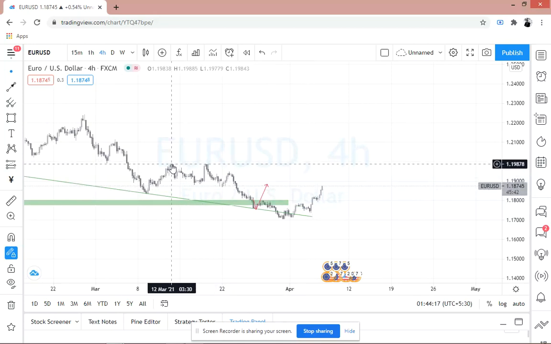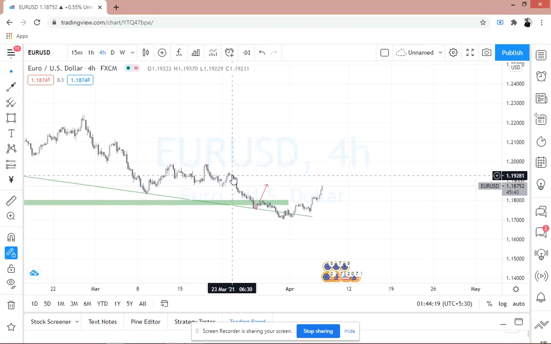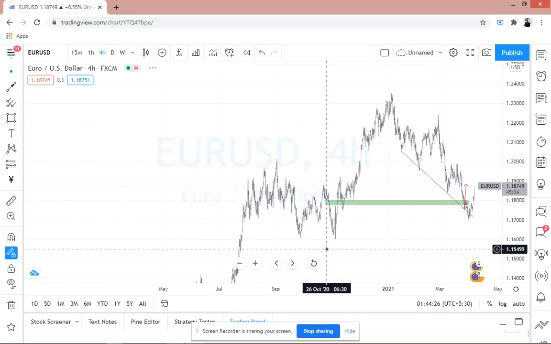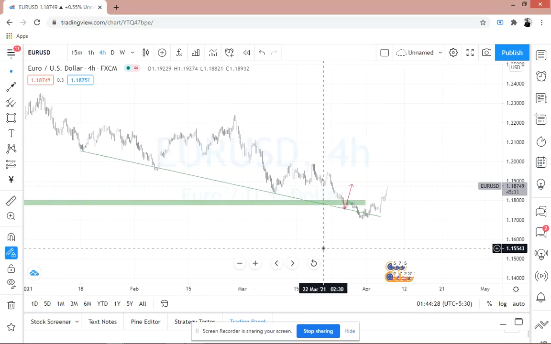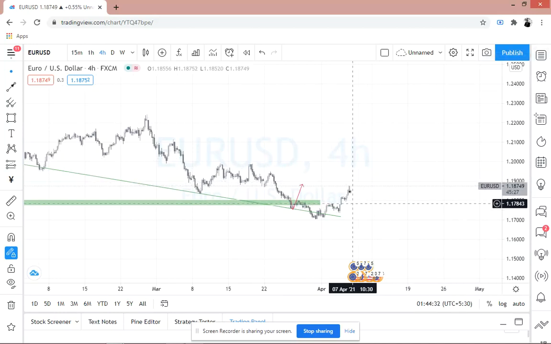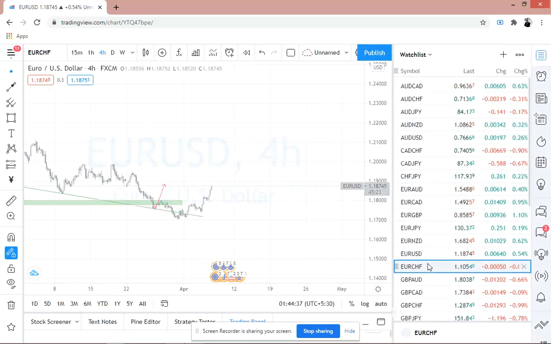We have some sellers here, here, and here. But the major trend is still up. I expect buyers to go further, so maybe the buyers will continue to the upside. That's for Euro USD.